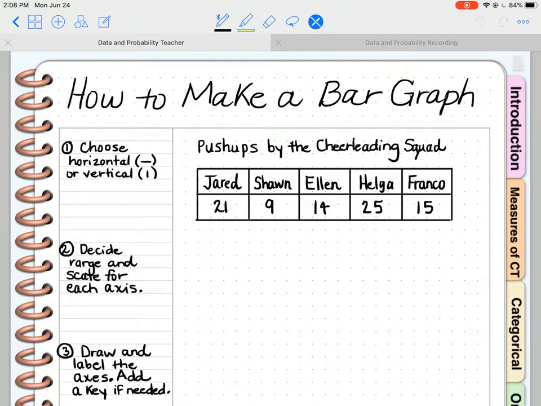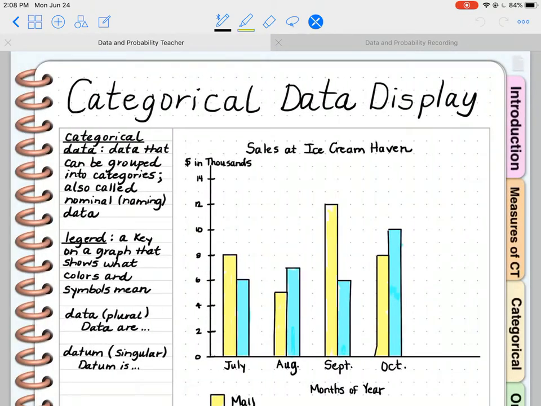So to make a bar graph, the first thing you need to do is to decide if you want to do a horizontal bar graph or a vertical bar graph. And let me just slide back a page. This is a vertical bar graph because the bars are going up and down. They're north to south. And you can do that. It's perfectly fine.